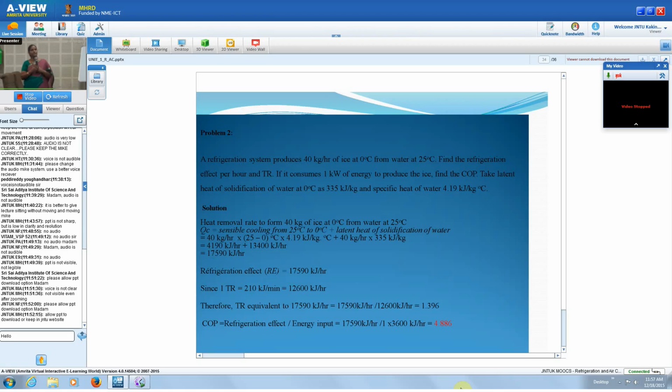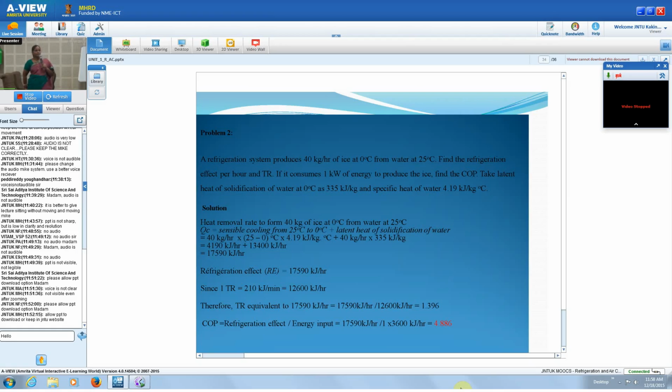Here the mass is given as 40 kgs. So 40 into 25 minus 0, and you have to take specific heat of water. So m Cp delta T, that is nothing but the heat removed from water.